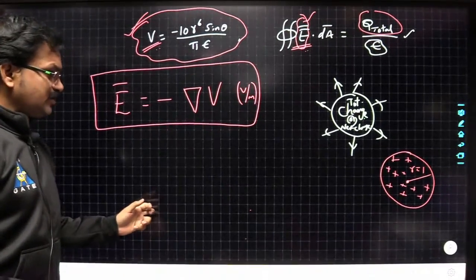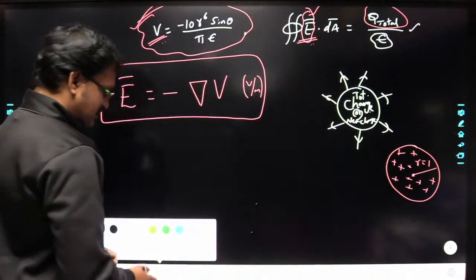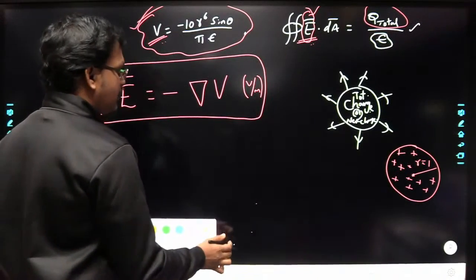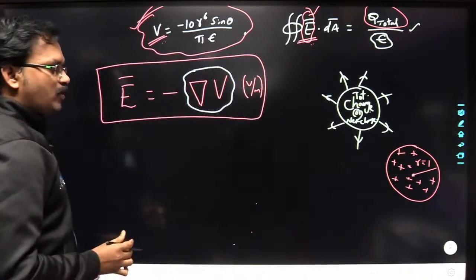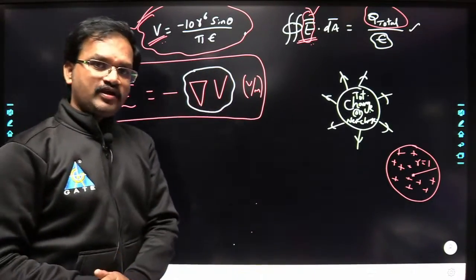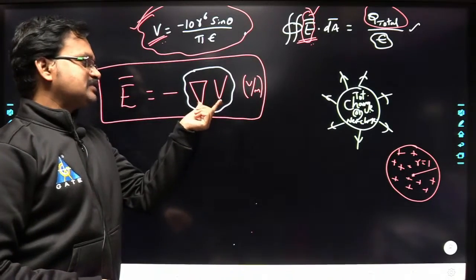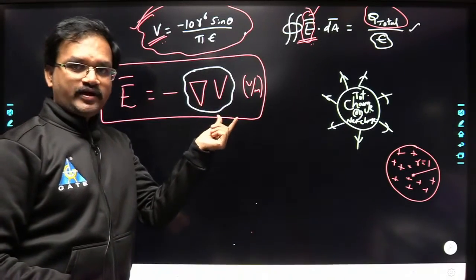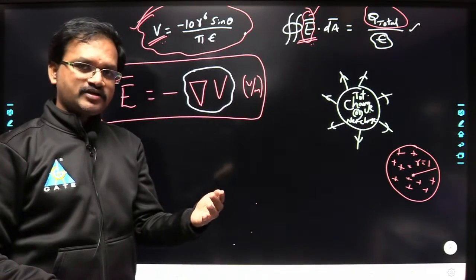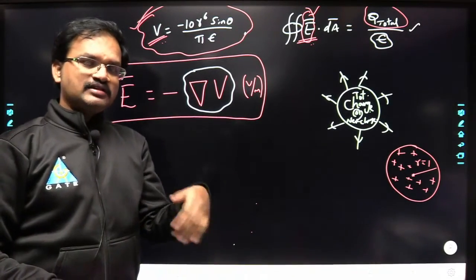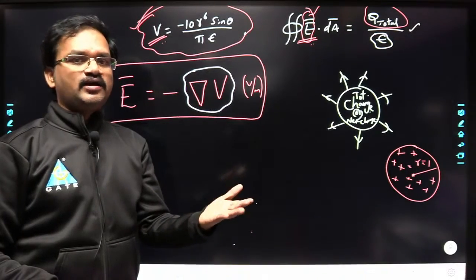It is very simple to understand this relation. What do you mean by gradient of V? Gradient of V is nothing but a vector quantity. If you perform the gradient operation on any scalar function, the resultant is a vector quantity.